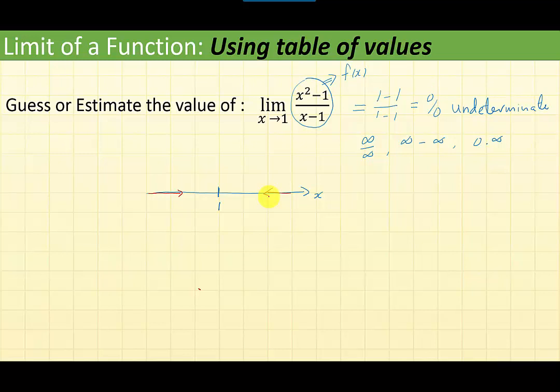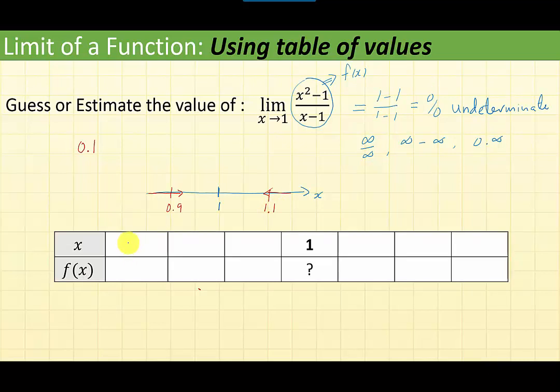How do we do this? Let's say we start 0.1 distance away from 1. That means 1 minus 0.1, that is 0.9, and 1 plus 0.1, which is 1.1.